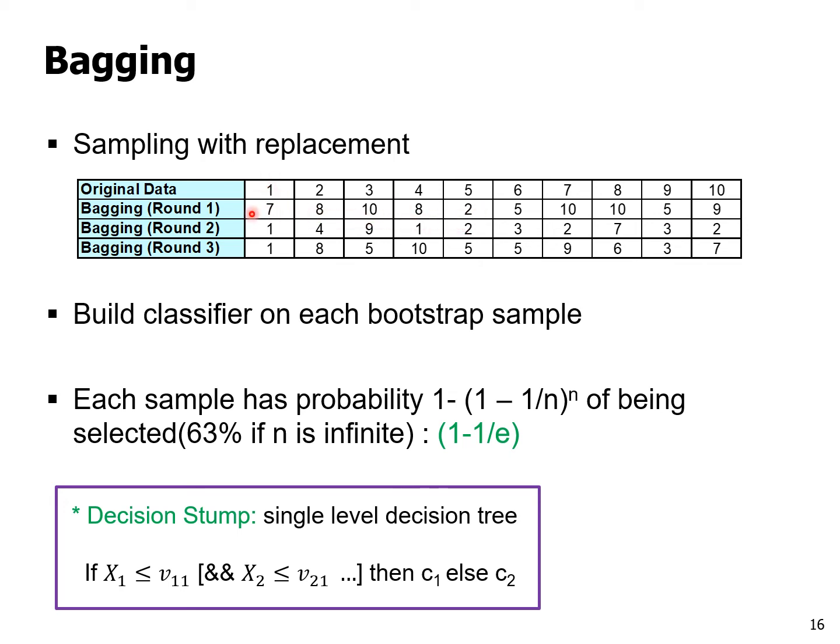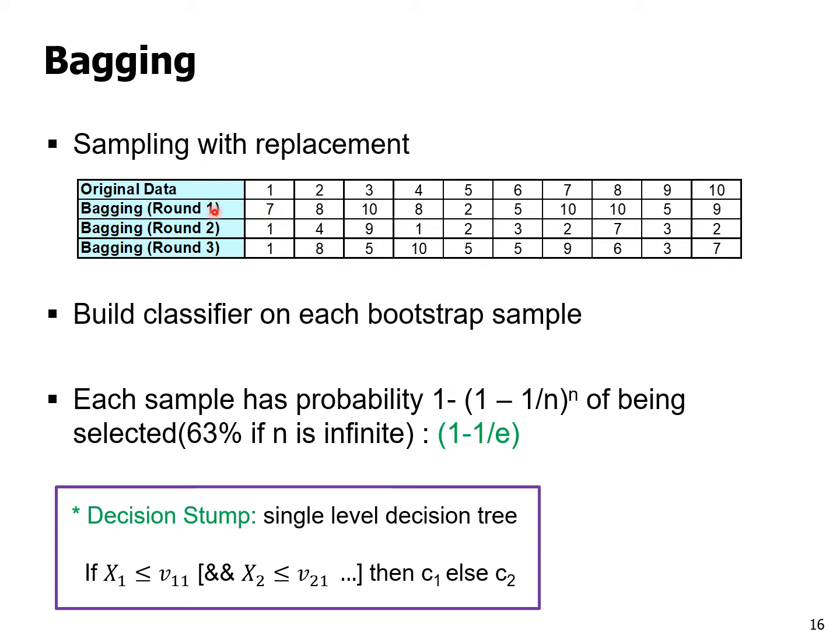That's because in bagging, we do sampling with replacement. That means some data may appear multiple times like this, or some data may not appear in the sample, like 1 here. So that's sampling with replacement, and bagging uses sampling with replacement.